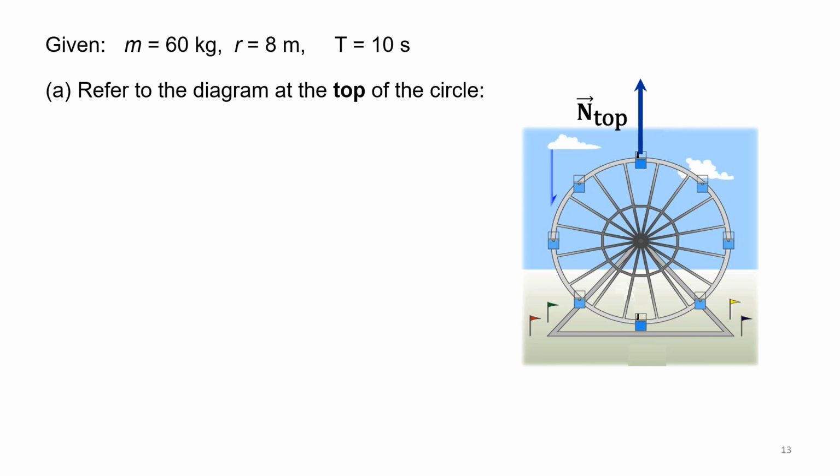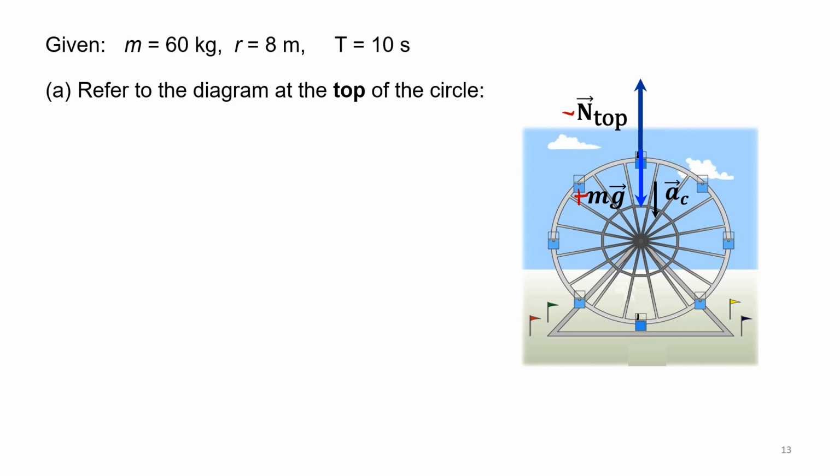The second force is the weight of the rider directed downwards to the center of the earth. And the centripetal acceleration is directed to the center of the circle. Since the weight is the same in direction as the acceleration, the force is positive. Meanwhile, the normal force is negative because it is opposite in direction to the acceleration.